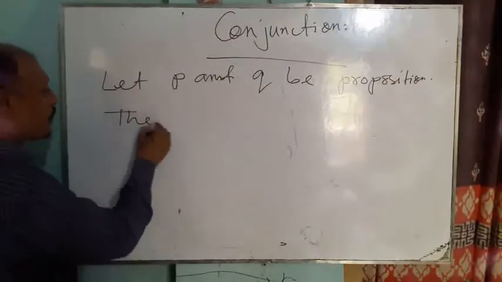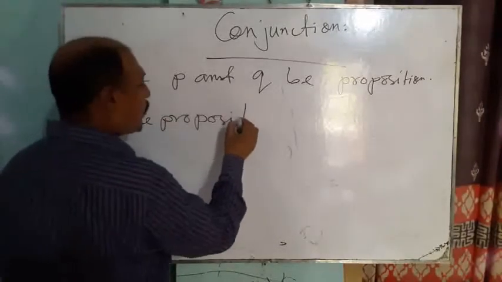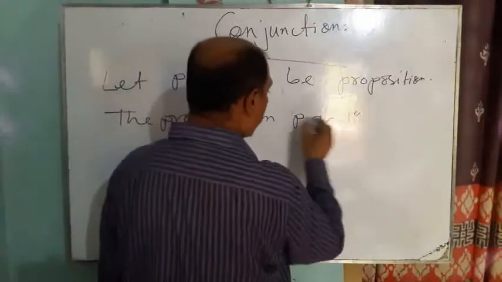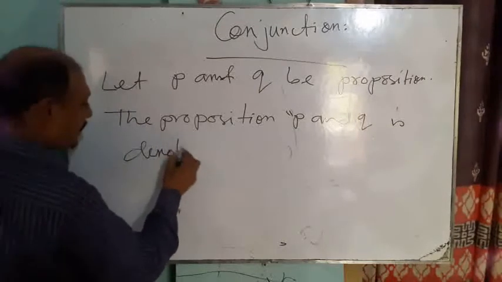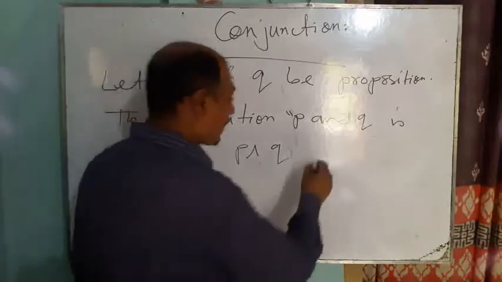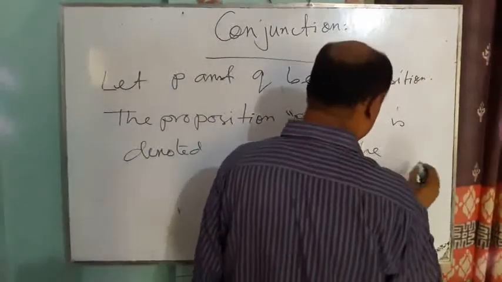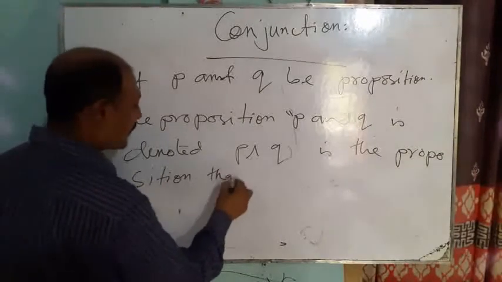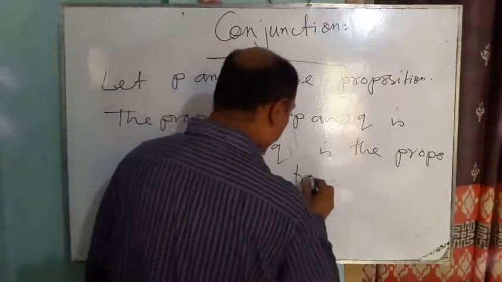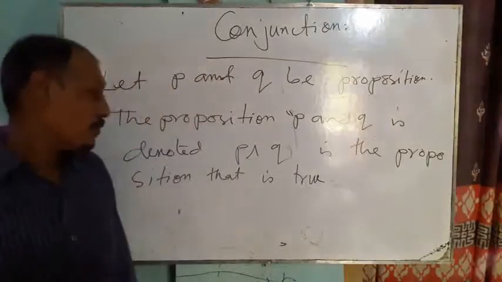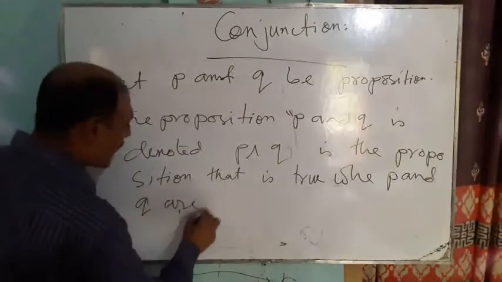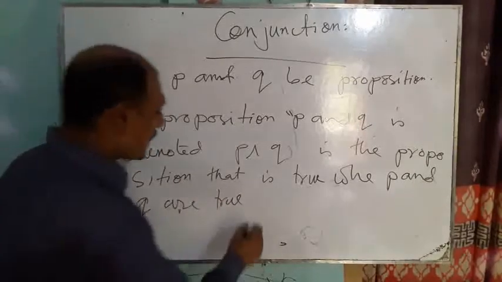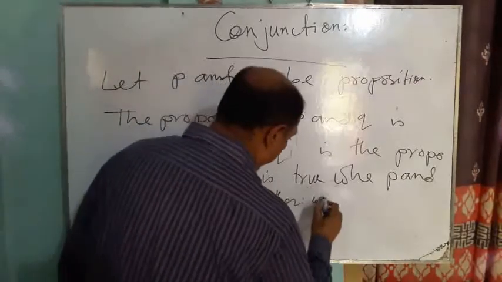Then the proposition P and Q, denoted P conjunction Q, is the proposition that is true when P and Q are true. Otherwise false.